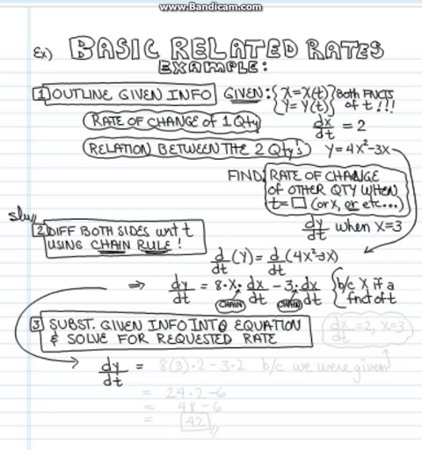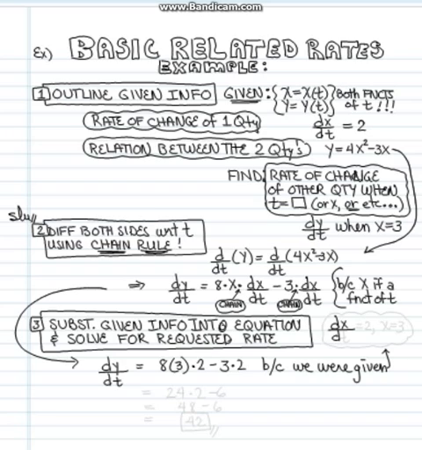Okay, now we're going to substitute. We've got our dy/dt, and we've got 8 times 3, because I asked for x equals 3 in the find portion. Let's pause this. So we're taking the result of step 2, which was dy/dt equals 8 times x times dx/dt minus 3 times dx/dt.